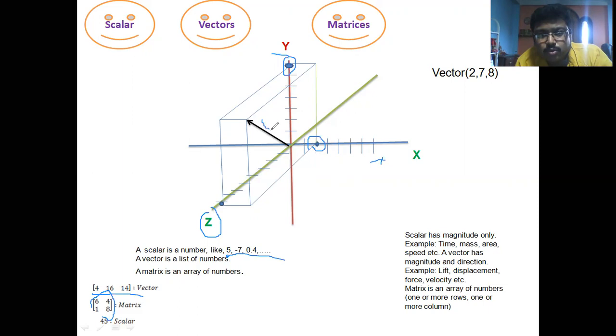This arrow represents the vector, and this is the point 2, comma 7, comma 8. This arrow line represents the vector 2, 7, 8. Okay.